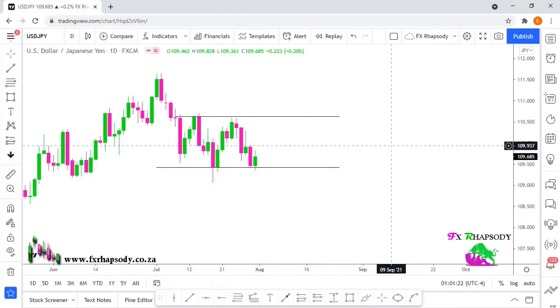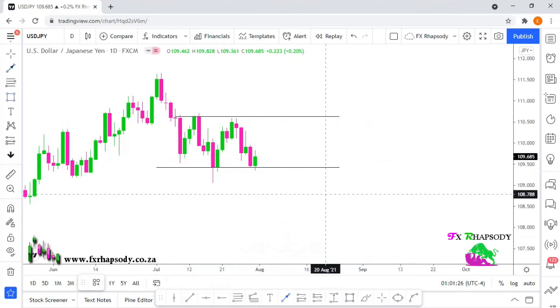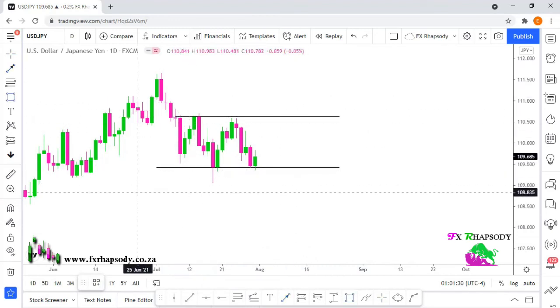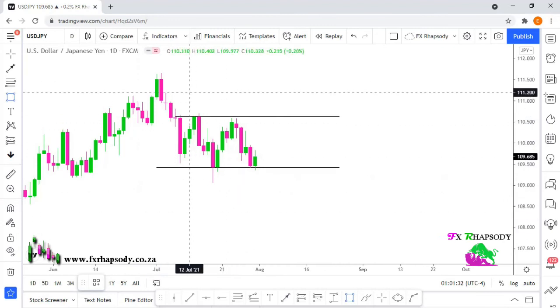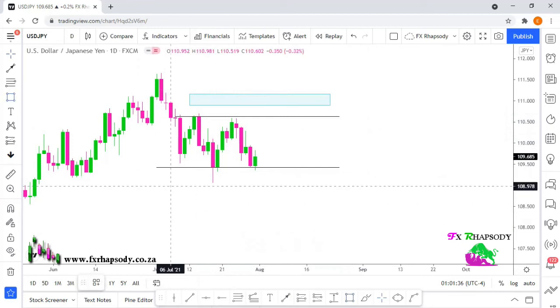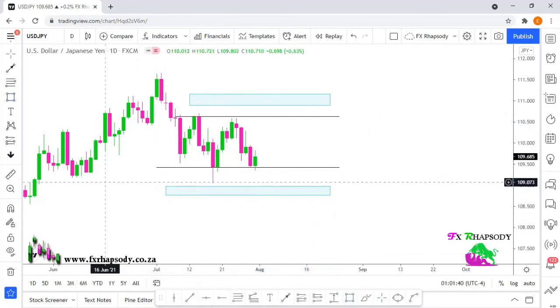So you can see price is consolidating. We know that on the weekly time frame, the price is going up. So what we have is all this liquidity at the top. We have the liquidity at the bottom here, below the low of this candle.